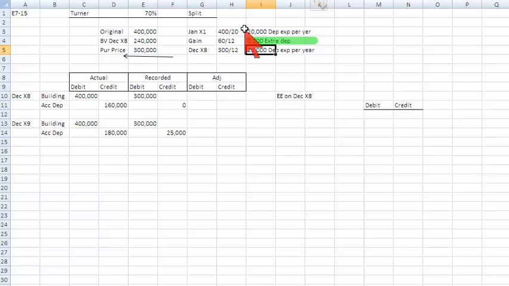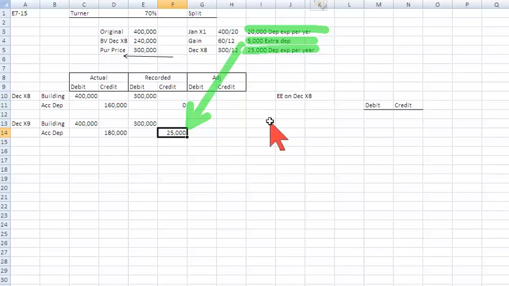What should be recorded is $20,000, but what is being recorded is $25,000. So we need to eliminate the $5,000. When we eliminate the $5,000, we would be crediting depreciation and debiting accumulated depreciation. So we take this $5,000 and subtract it from this number right here. That will be $25,000 minus the extra $5,000, which gives us $20,000 accumulated depreciation.